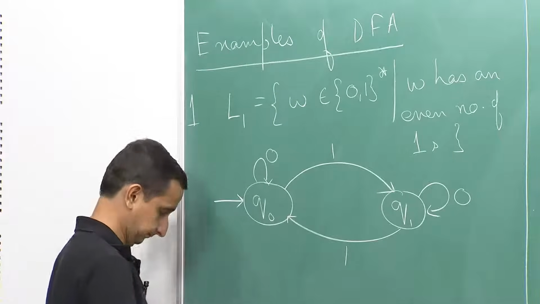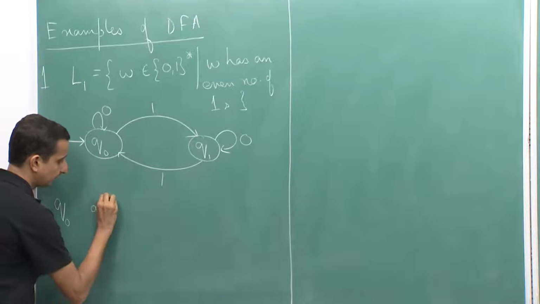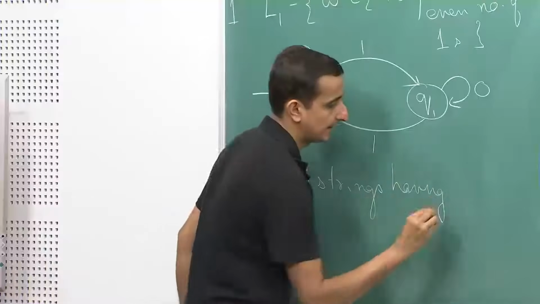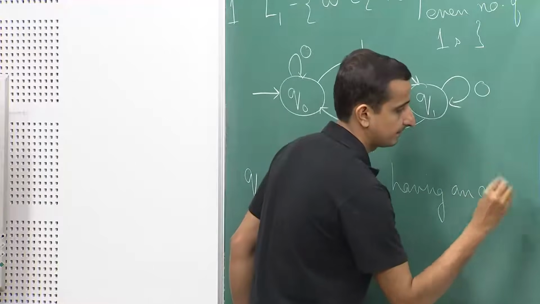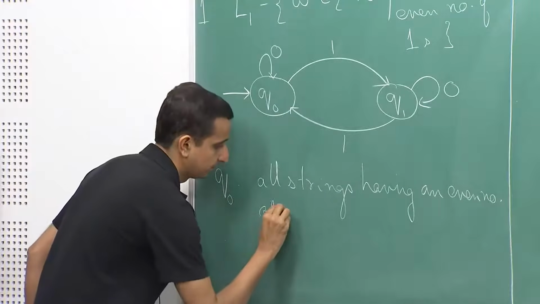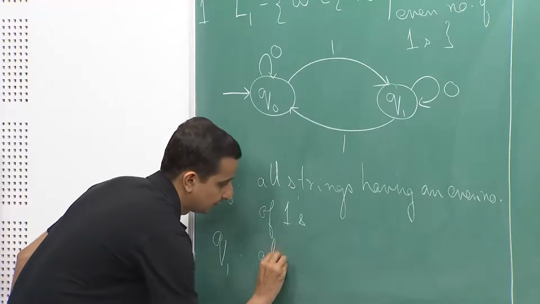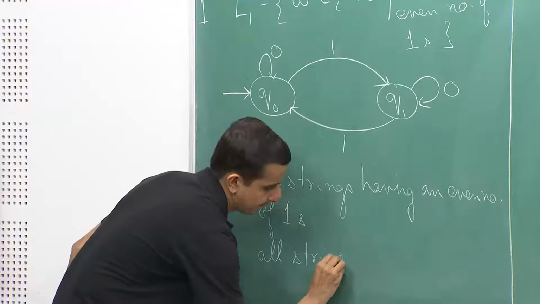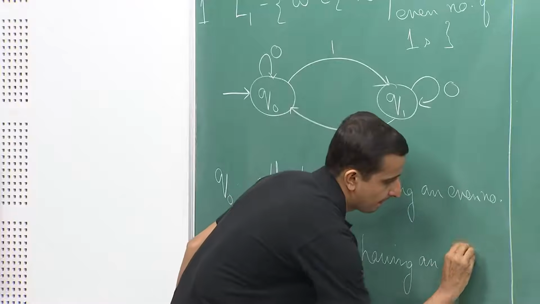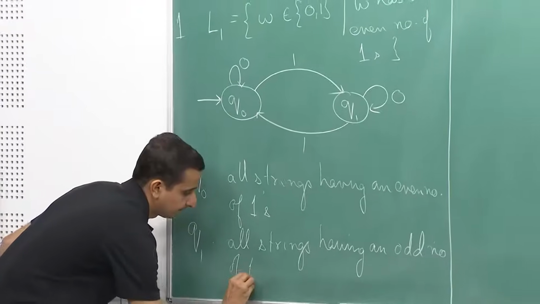Okay. So, to formalize, Q0 corresponds to all strings having an even number of ones, and Q1 corresponds to all strings having an odd number of ones.